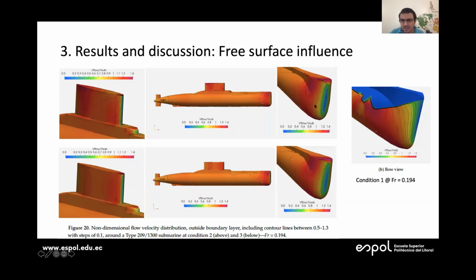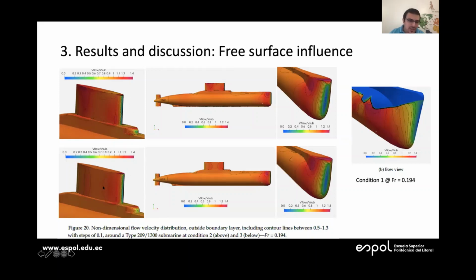And we noticed that the main hull between the periscope depth and the deep water depth is not changing a lot, but the distribution that changed dramatically is the one on the sail. And that makes sense because it's the closest structure to the free surface.